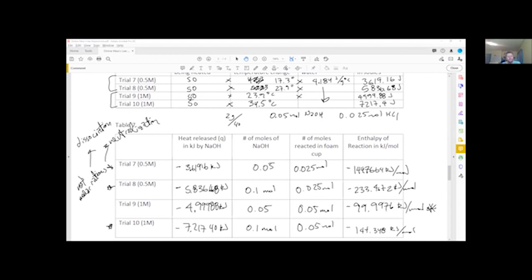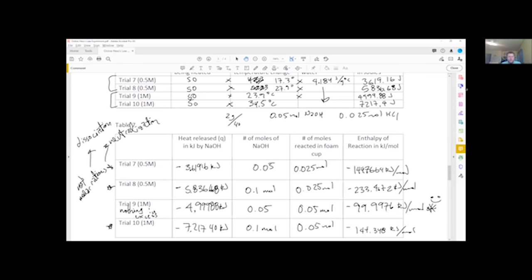I'm going to put a smiley face by it, because that's the number that we want to see. The key is there is nothing in excess.